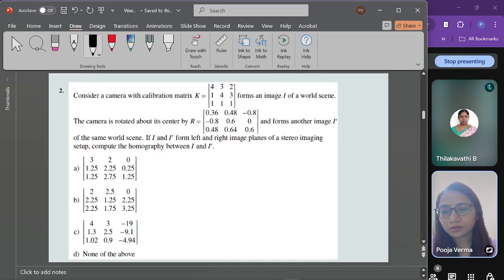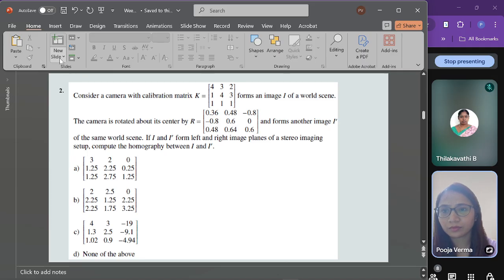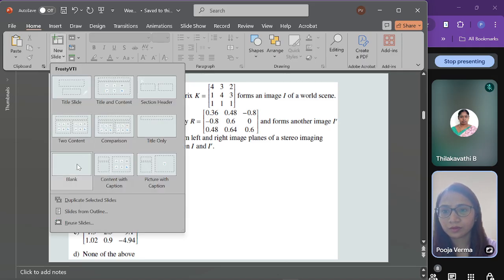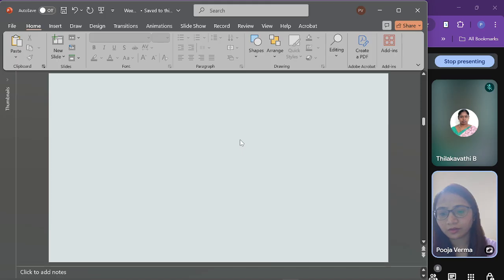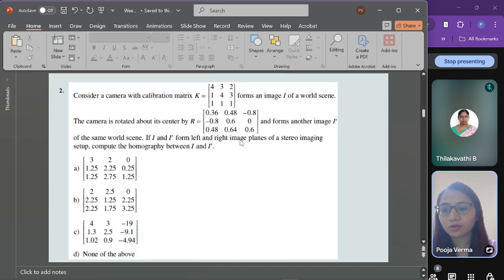Okay, so let me again take one. When a single calibrated camera rotates about its center, if there is no translation, the mapping between the two images is a pure rotation homography.